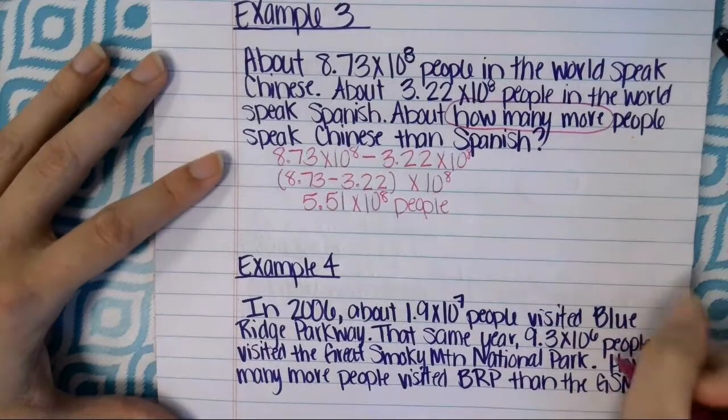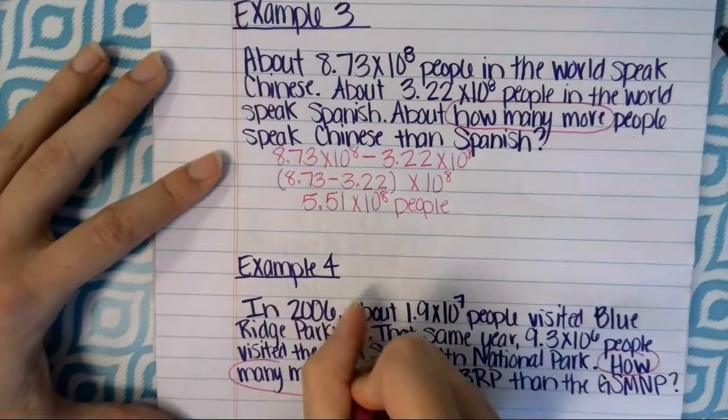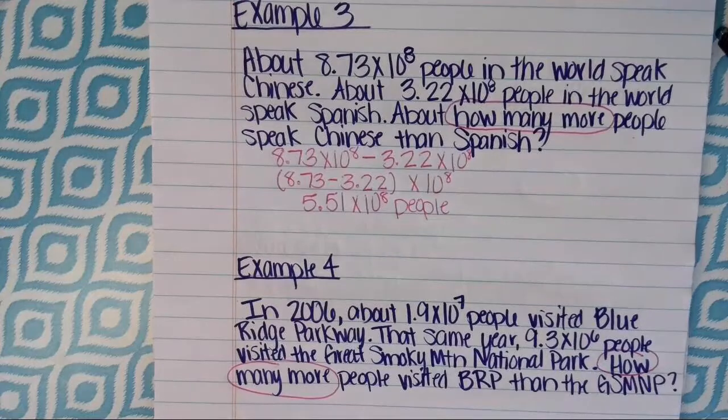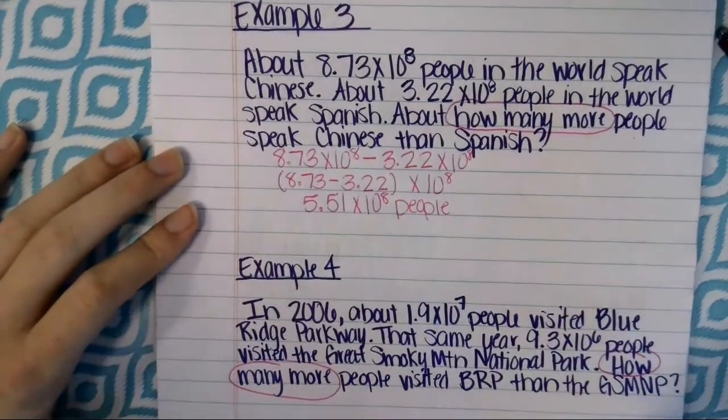Okay, again, we have that "how many more." That one was marked on our first page in case you forgot as one of those phrases to watch closely for. It does just say how many more, so we want to know the difference in those two numbers, and difference tells us to subtract.